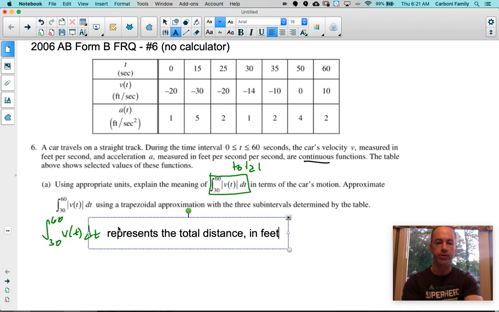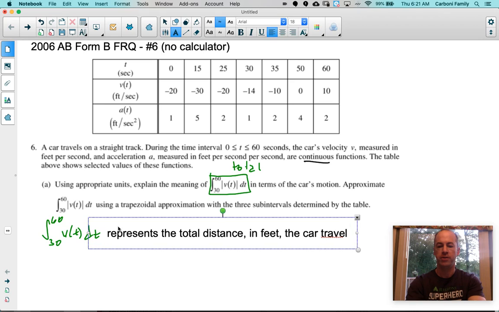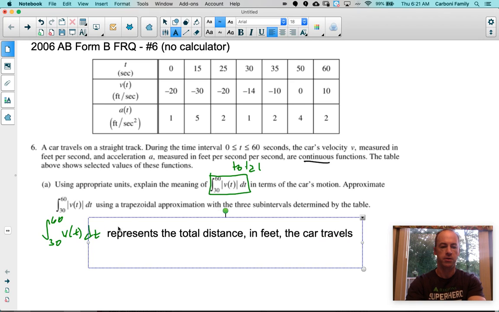You always want to include units, and they tell you to use appropriate units. Total distance in feet the car travels on the interval 30 less than t less than 60.